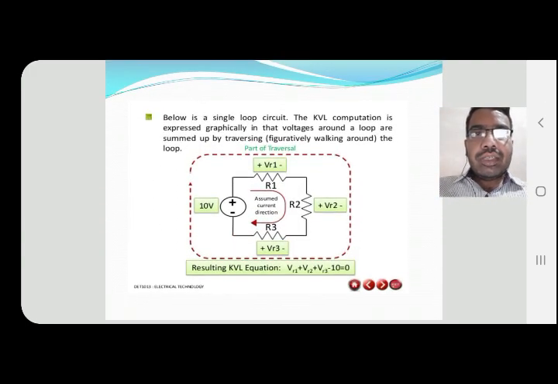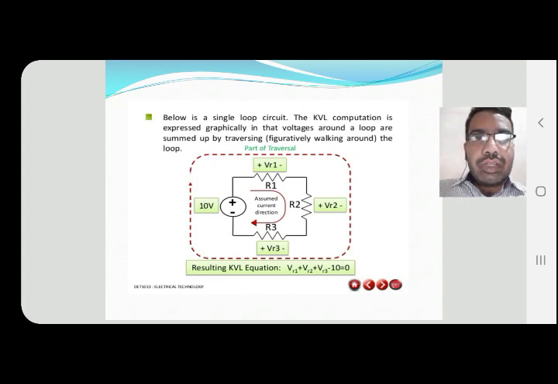So you can see in the diagram, below is a single loop circuit. The KVL computation is expressed graphically in that voltages around a loop are summed up by traversing the loop.